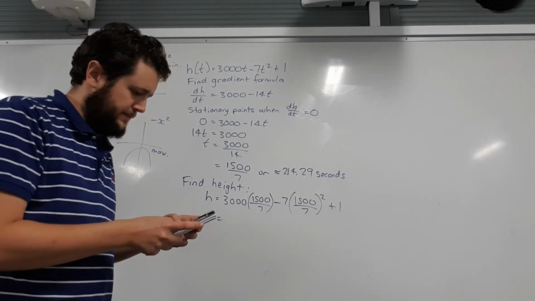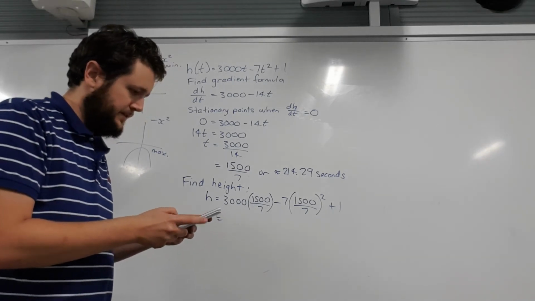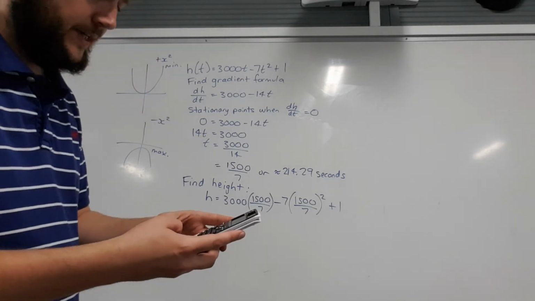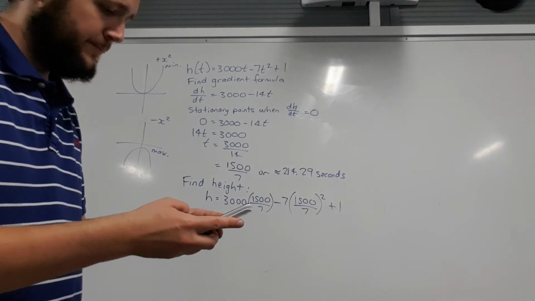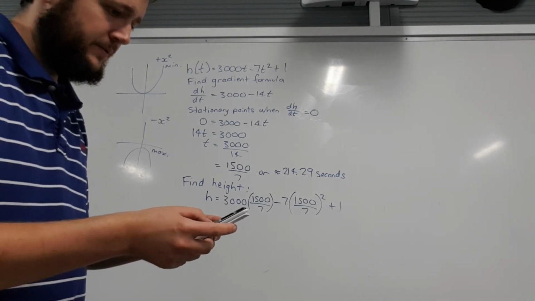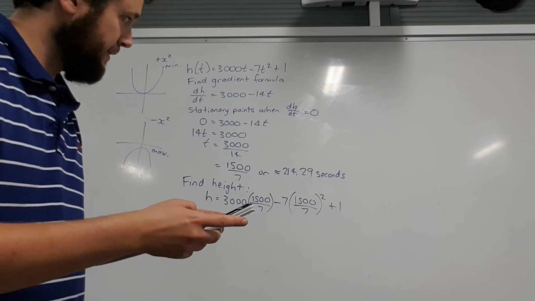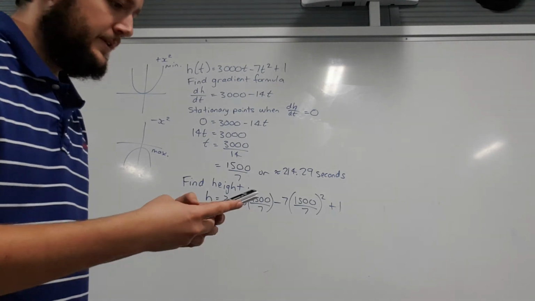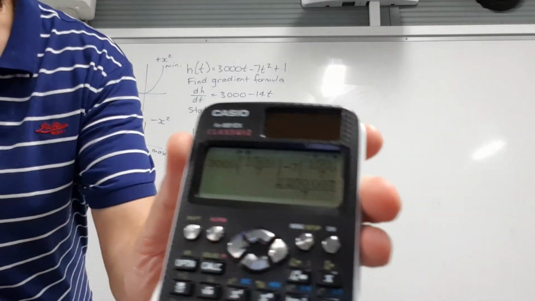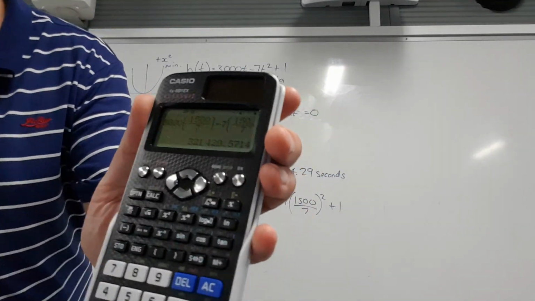All right, open brackets, 1500 over 7, close brackets, take away 7, open brackets, 1500 over 7, all squared, plus 1, and it gives me that, which is a massive fraction, but let's make it a bit more reasonable.